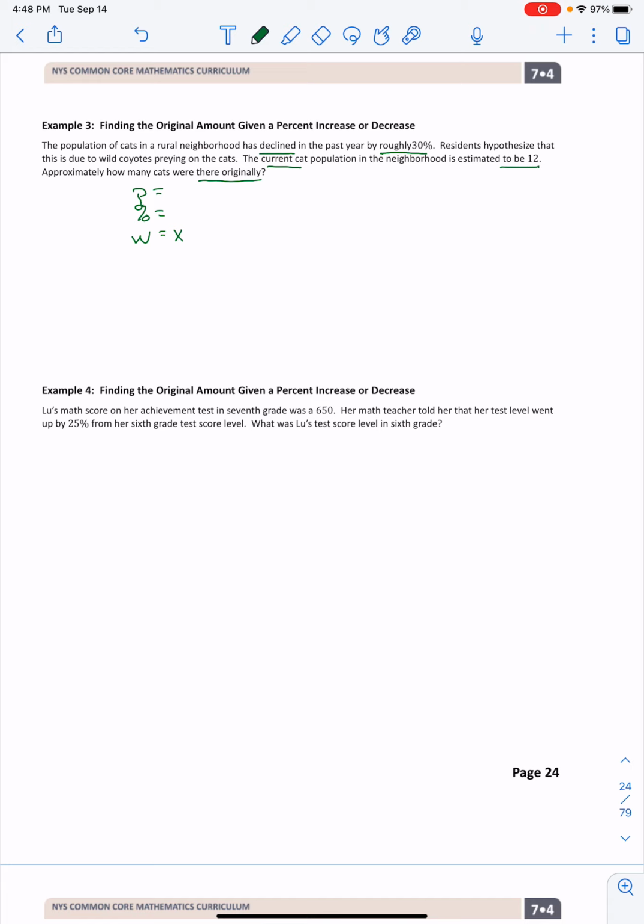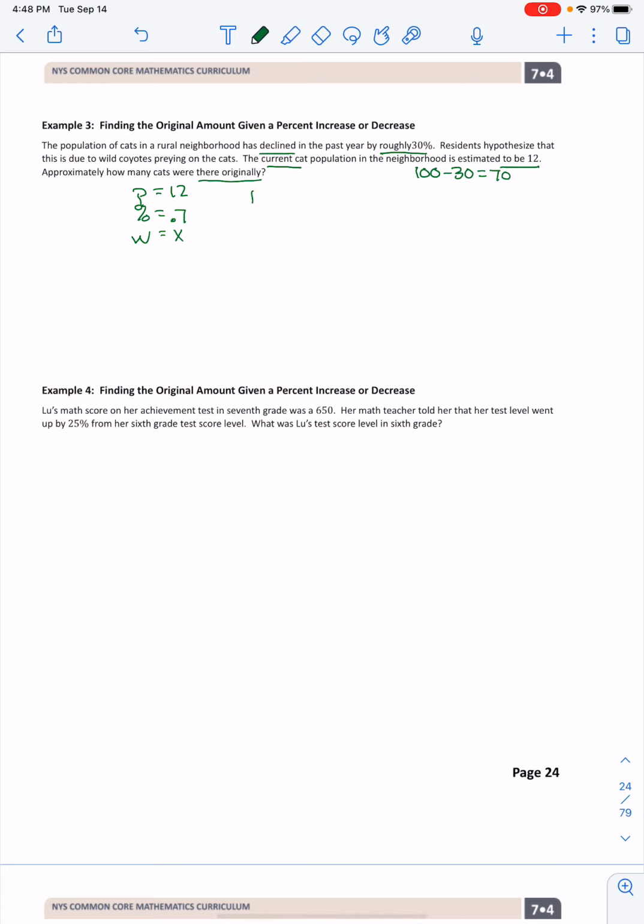So for here, because it's already 30% down to 12, we are looking for the other 70. So we actually have to take that 100 and subtract 30 because we are looking for the 70. So here it's going to be 0.7, and it's right now 12. It reduced to that 12. That was it decreased to the 12.